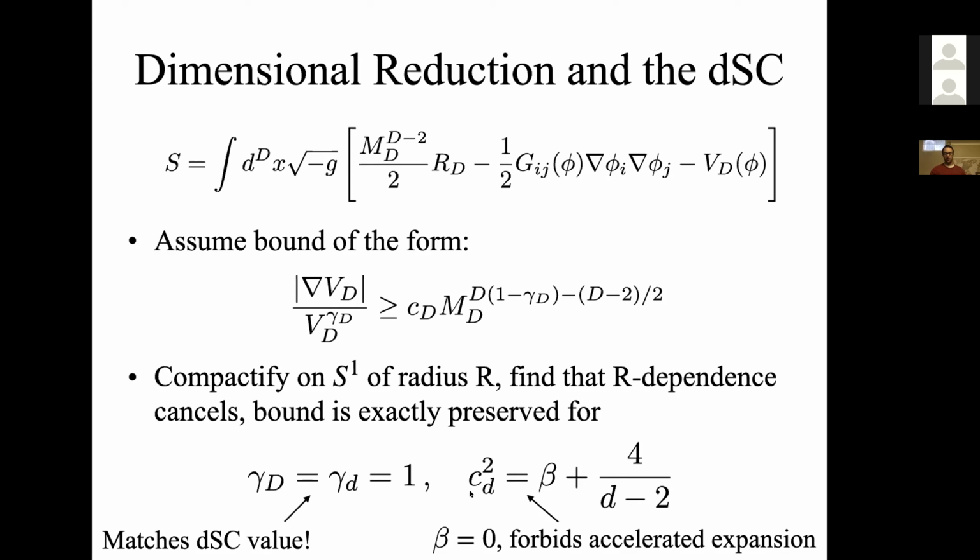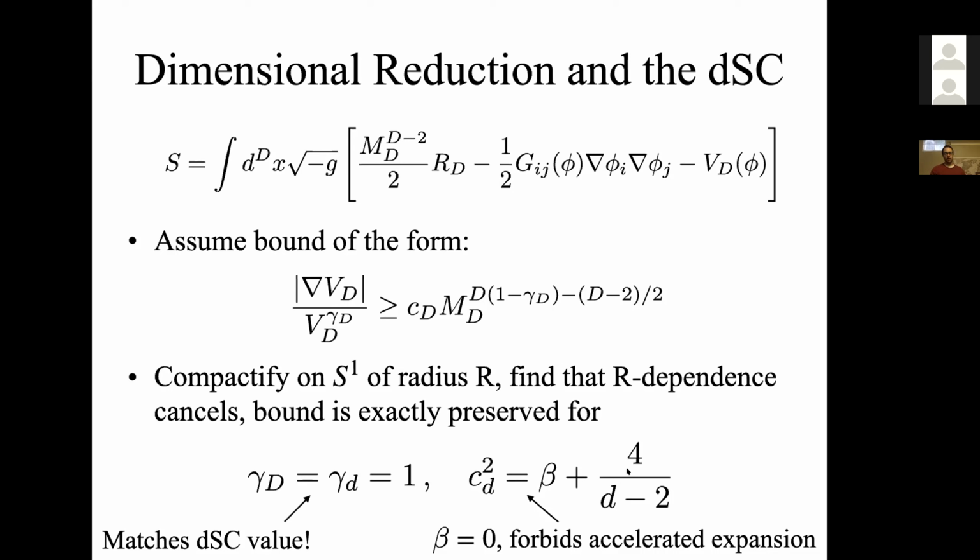So if C is given by this expression in d dimensions, then this bound will be exactly preserved under dimensional reduction. Here, beta is some number that can be anything you want, but beta equals 0 is special in that it's the smallest value of beta such that C_d squared is non-negative as d goes to infinity. And if you plug in beta equals 0, what you find here is that this condition is exactly the condition that forbids accelerated expansion of the universe.